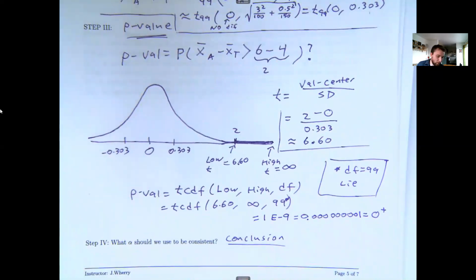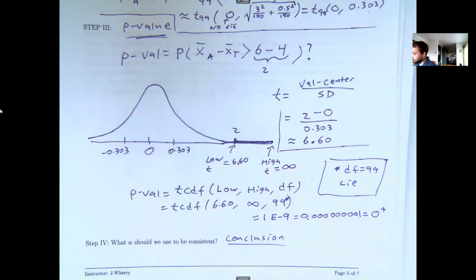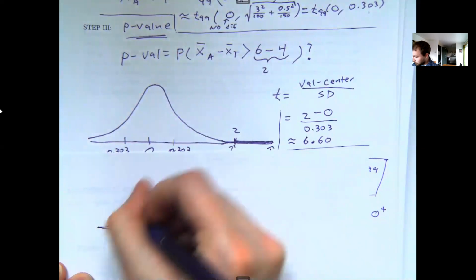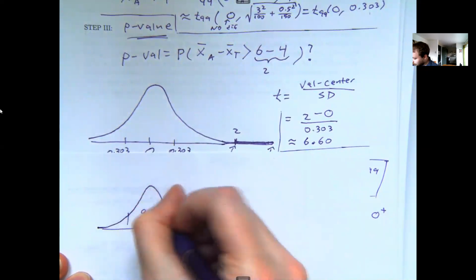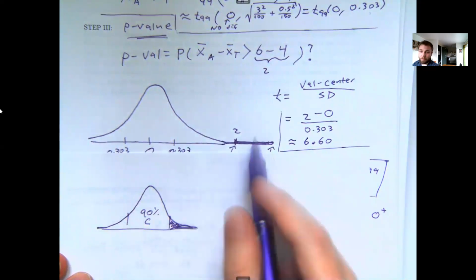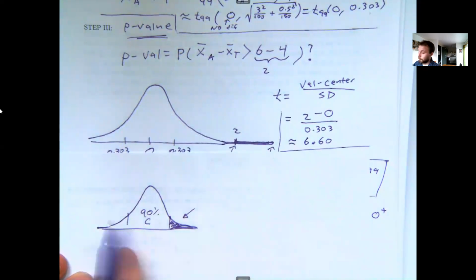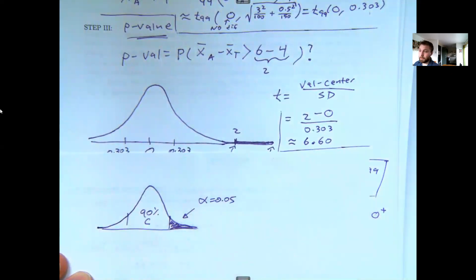In this last problem, we had a confidence interval of 90%. In this problem, I'm doing a one-tailed test. So if I want to be consistent, I'm going to do a quick little doodle to figure out what the relationship is here. If I make a 90% confidence interval in the center, and I'm wondering how big I'm willing to let this right tail be, what my alpha should be, 90% leaves 10% in total for both, or it leaves me 5% in one tail.